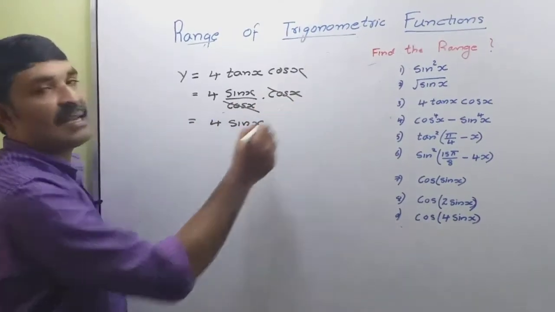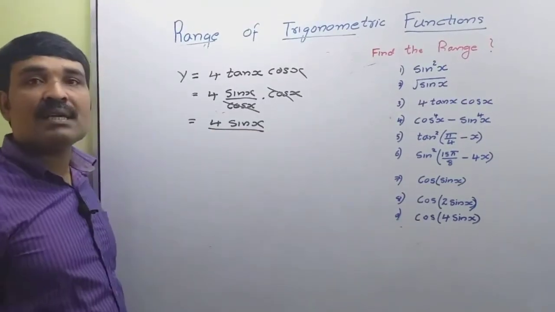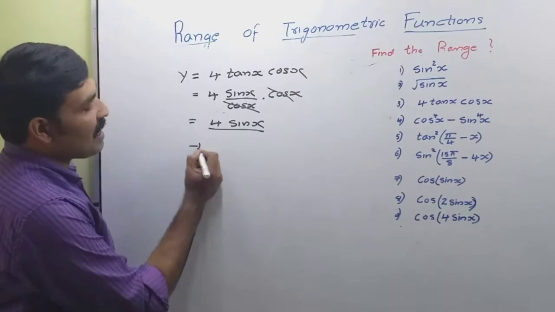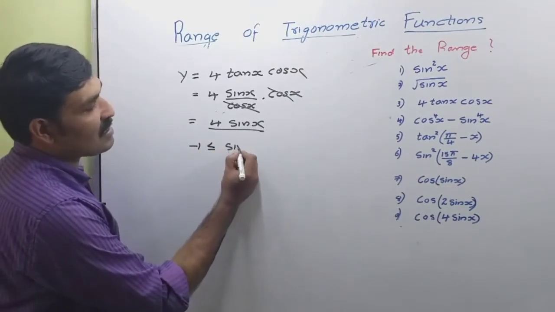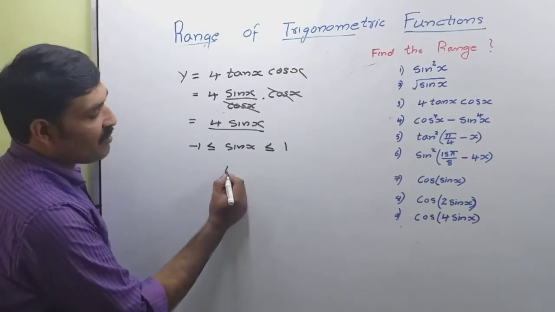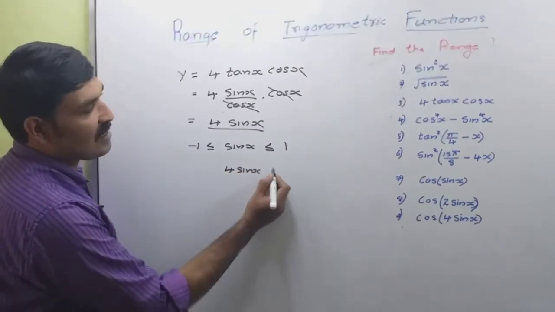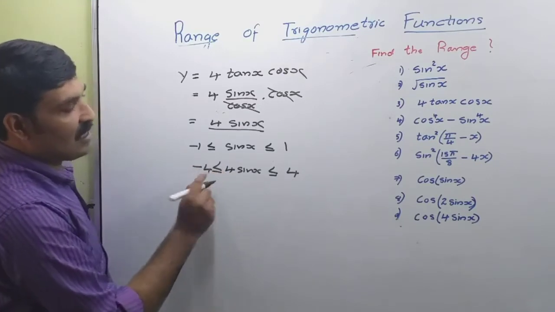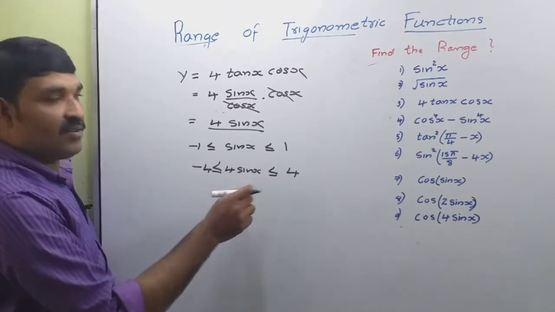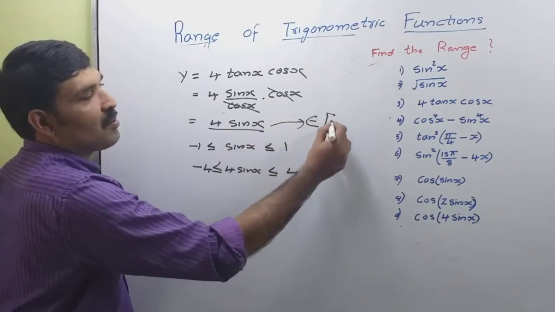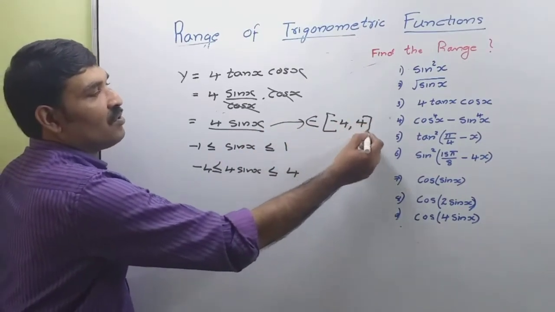The cos x can get cancelled. So the range of 4 sin x is from minus 4 to plus 4, since minus 1 is less than or equal to sin x less than or equal to 1. Now multiplied by 4, you get minus 4 less than or equal to 4 sin x less than or equal to 4. So the range of 4 sin x belongs to minus 4 to 4.